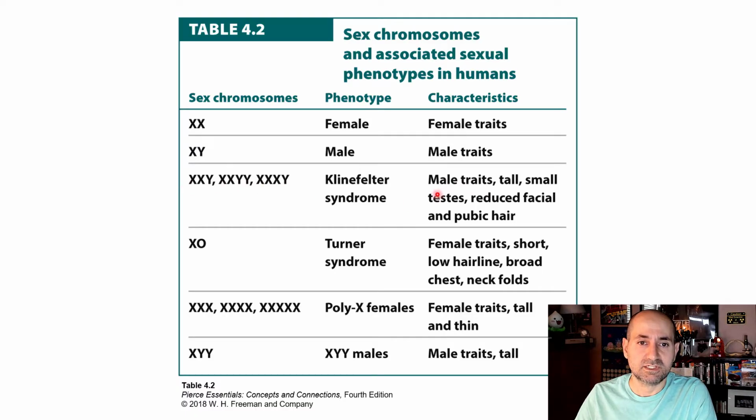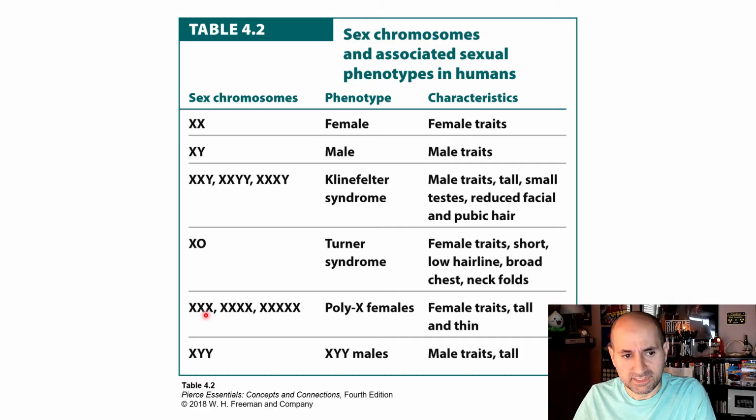This gives you male traits, tall, small testes, and reduced facial and pubic hair. You can also have Turner syndrome, where, like I mentioned before, you are born with just 1 X chromosome. In this case, you would have female traits, you would be short, with a low hairline, broad chest, and neck folds. Now, remember what else you could have?